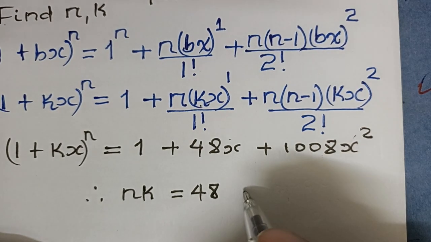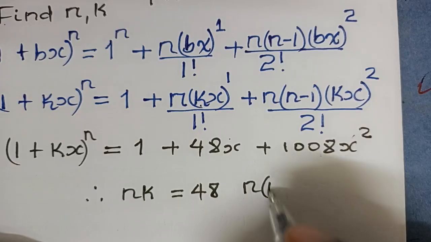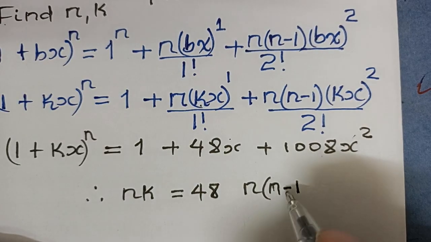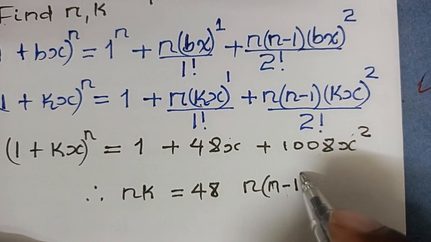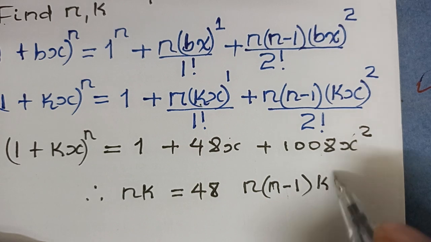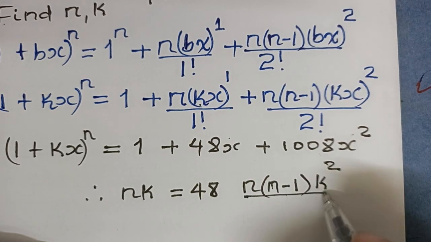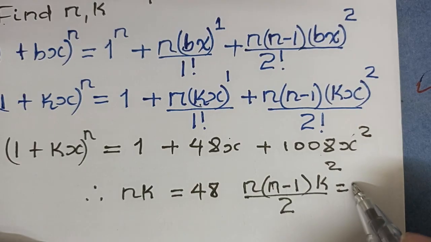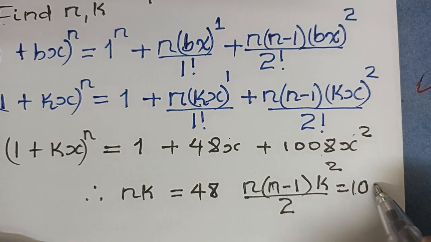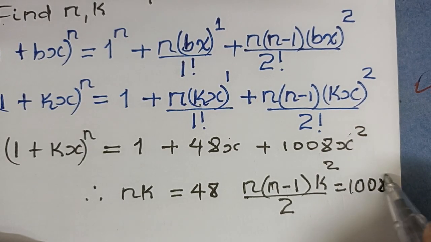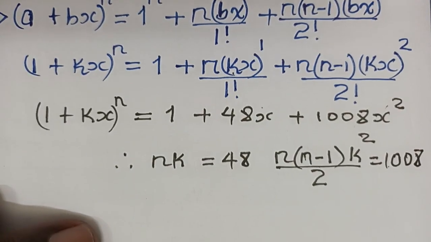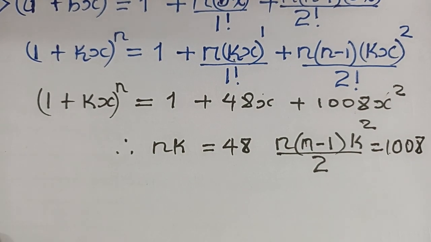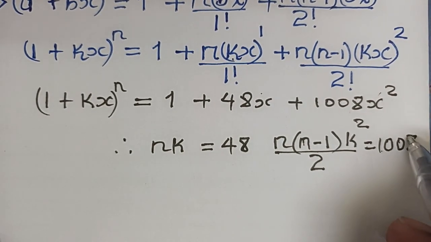And this one now comes to n times n minus 1, then we have k squared, all over 2 factorial, which is the same as 2. This should give us now 108. So guys, those are the equations we shall be solving.